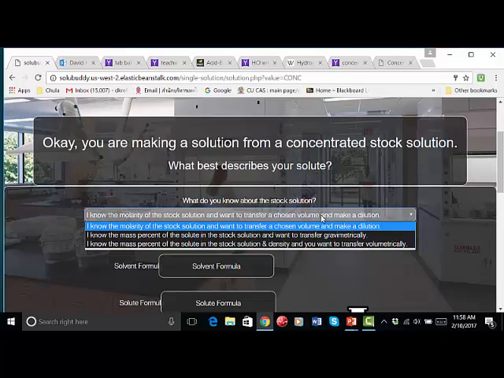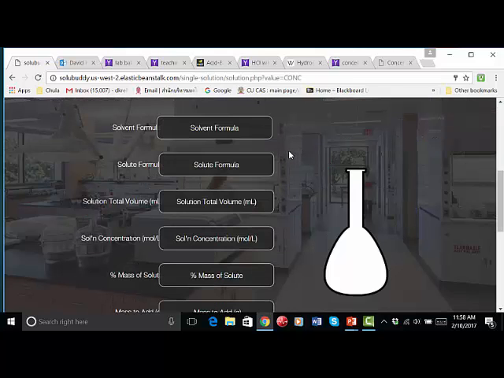You know the molarity of that stock solution, and you want to do dilution, or you know the mass percent of the solute in the stock solution, and you want to do gravimetric transfer, or the mass percent solute in stock solution and its density, and you want to transfer it volumetrically. So I think this is relatively well organized. Let's first do gravimetric. I'm going to jump back to my slideshow and overview these calculations associated with this operation.